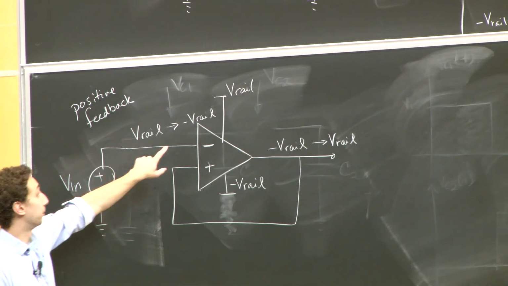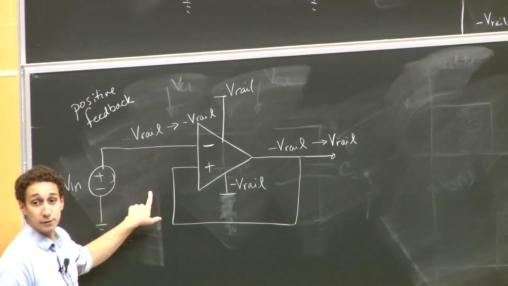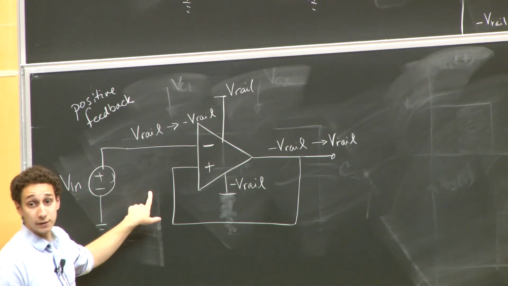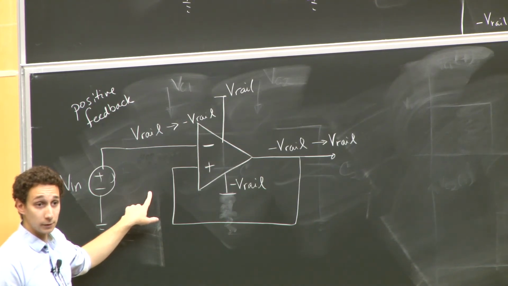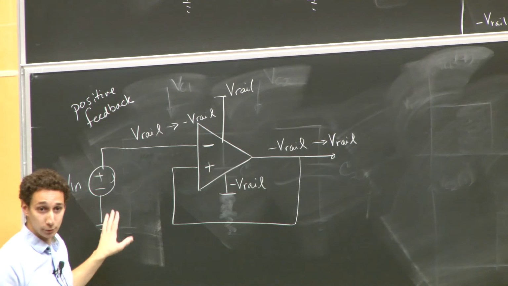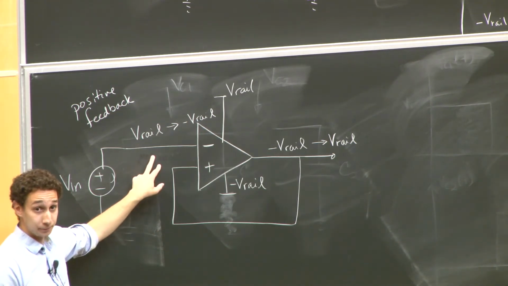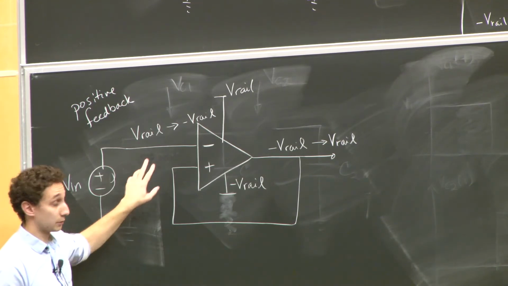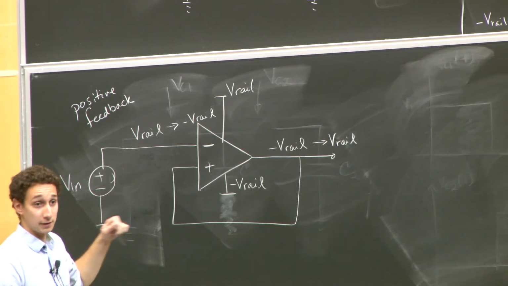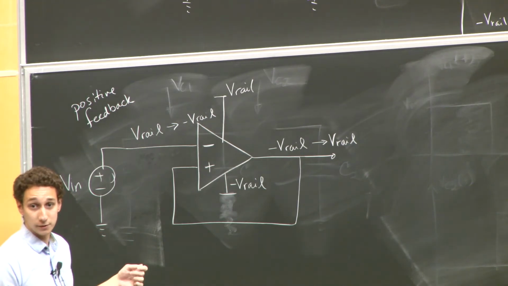Okay? Now, if it's minus V-rail at this node and plus V-rail at this node, again, we're stuck in this position, right? No golden rules. We're not in negative feedback. These two potentials do not need to be the same necessarily. So we're stuck, okay? And that's how this positive feedback process works.